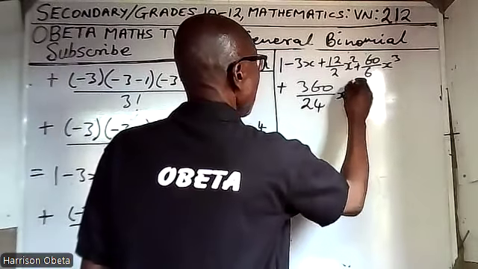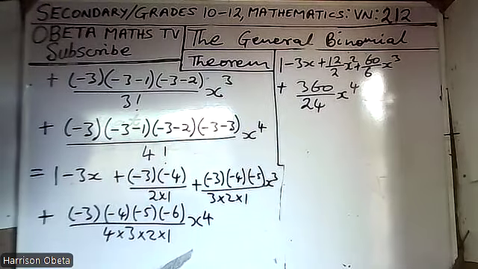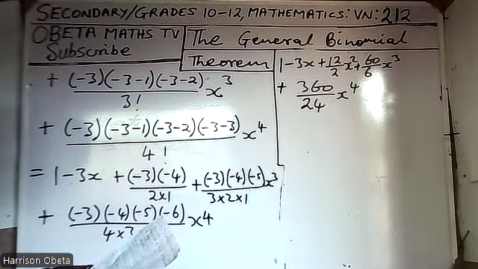Then x raised power 4. So we can now simplify. We have 12 over 2, minus 60 over 6, plus 360 over 24.